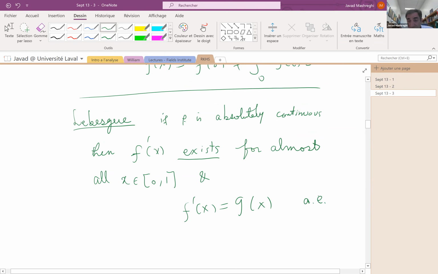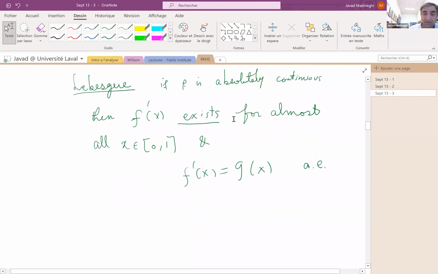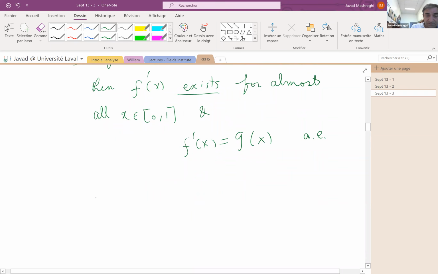So we know what g is, the derivative of f. So this representation formula can be written as follows: f of x is equal to f of 0 plus the integral from 0 to x of f prime of t dt.